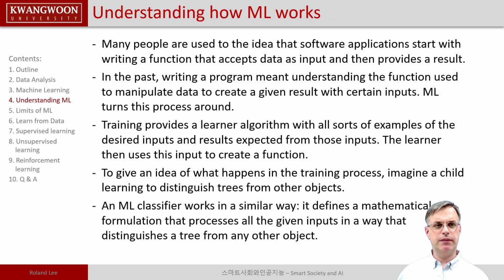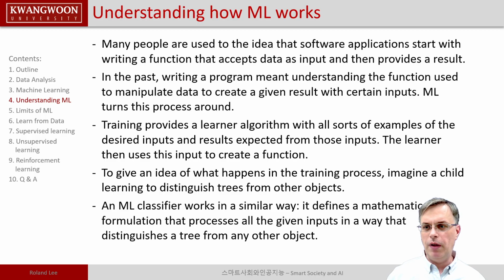Okay, now this is about understanding how machine learning actually works. So many people are used to the idea that software applications start with writing a function that accepts data as input and that provides a result as well.